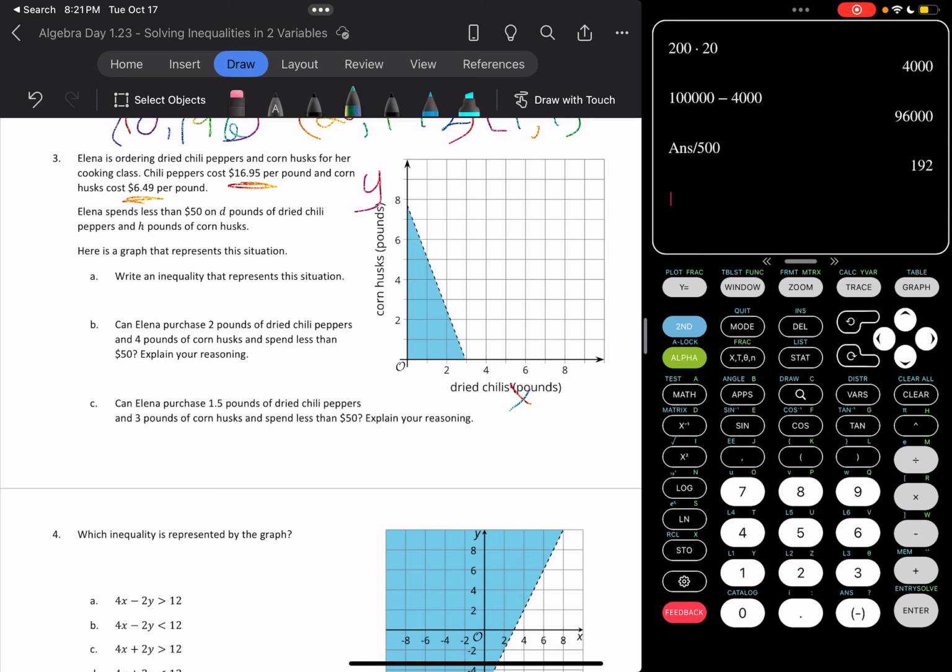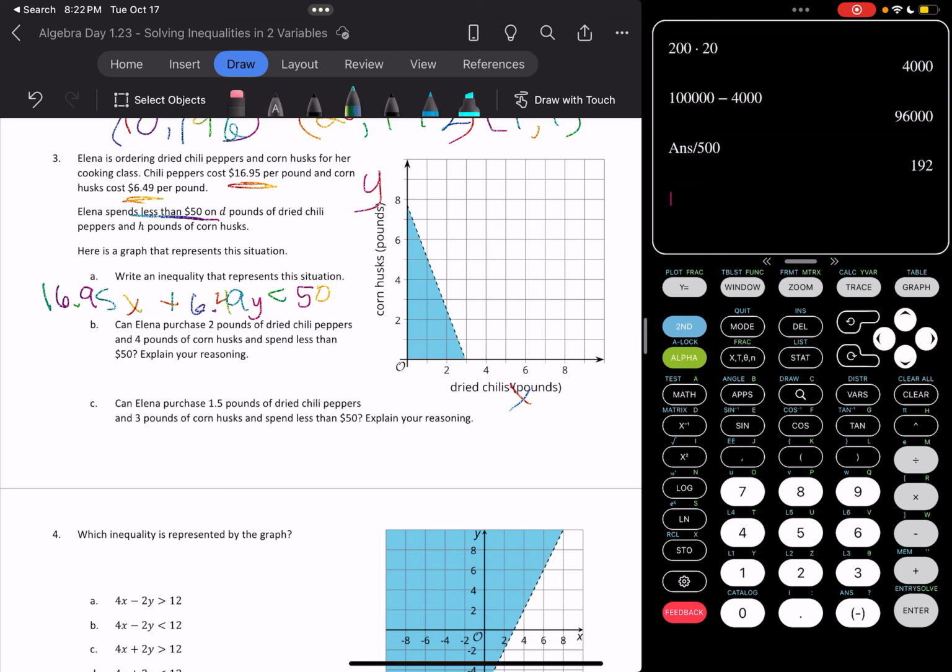So the cost is $16.95x plus $6.49y, and she spends less than $50 on this chili peppers and corn husk situation. So we wrote the inequality there, $16.95 times the number of pounds of chili peppers, and then $6.49 for the number of pounds of corn husks.